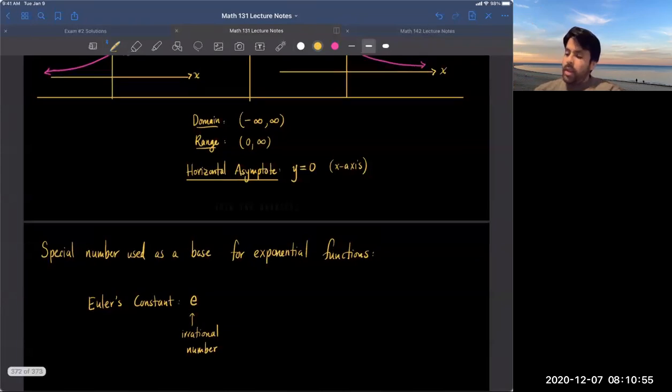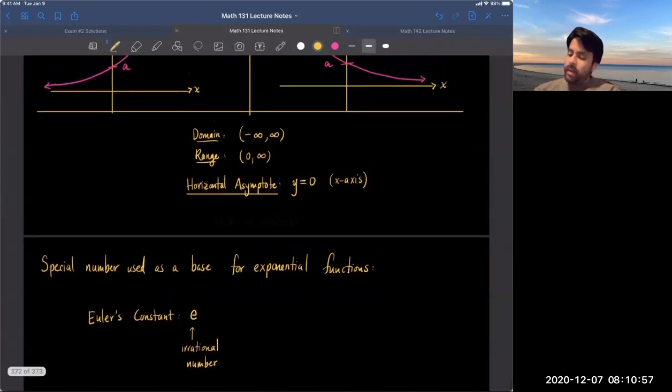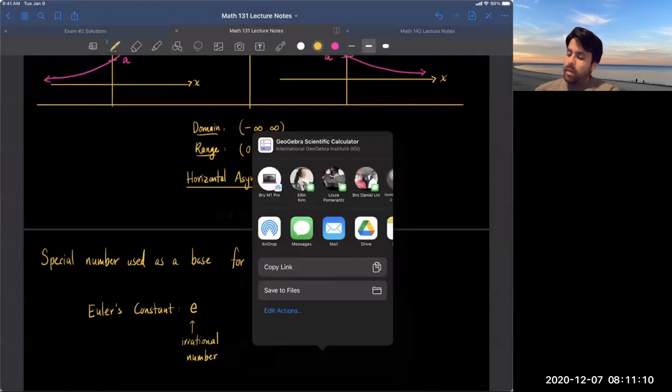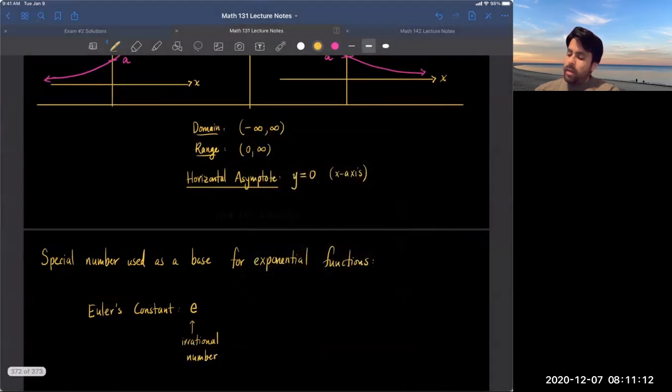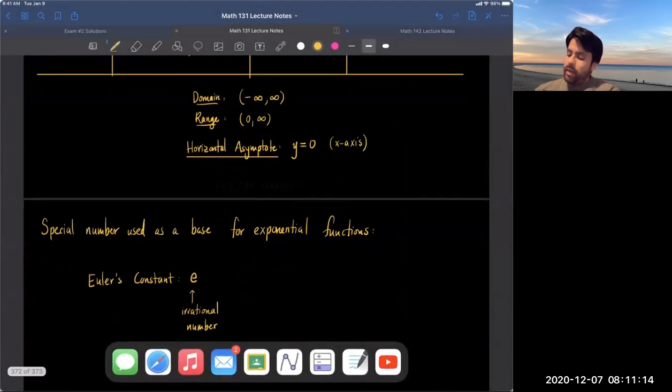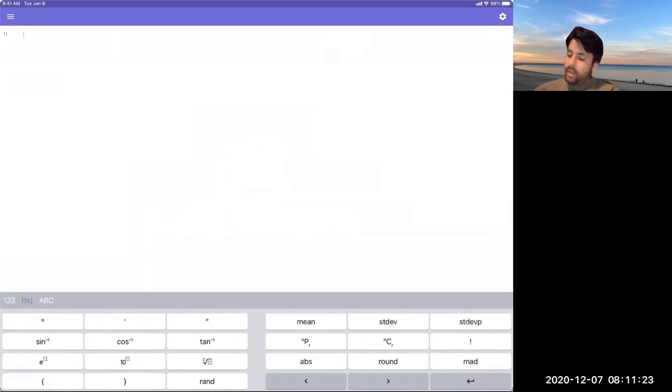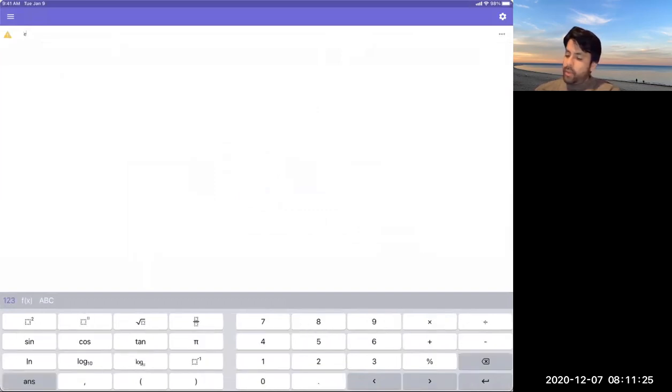And if you want to find what E is, you raise E to the first power.